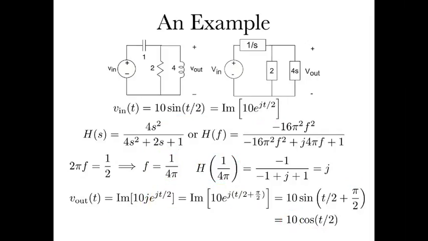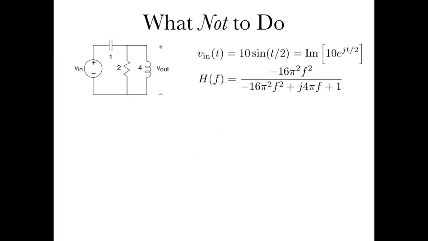Okay, now I've taught this course for many years, and I've learned what students do that isn't correct. So I want to talk a little bit about what not to do, how to use impedances. So here's the name of the game.